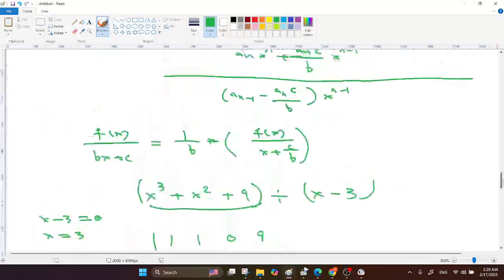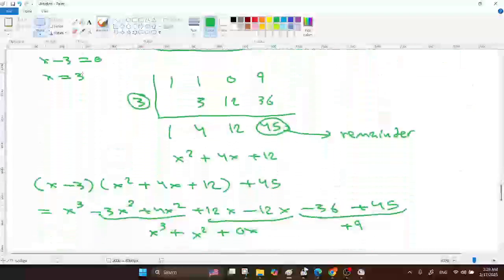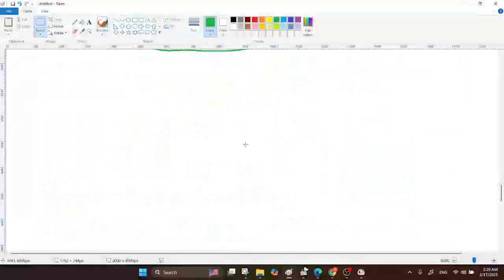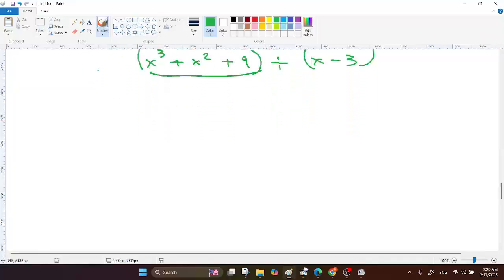I need to solve another example. Let me show you an example when the coefficient of x is not 1 and you want to use synthetic division.